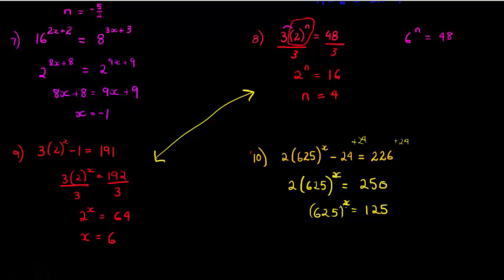So here, 625 is 5 to the power of 4 times the x, and this side is 5 to the power of 3. And then I can see that 4x is equal to 3, which means x is equal to 3 over 4.